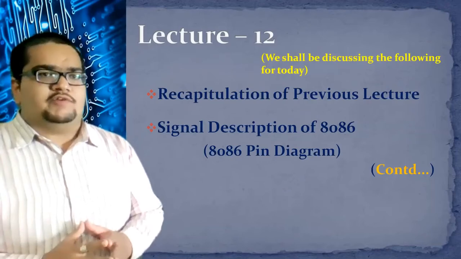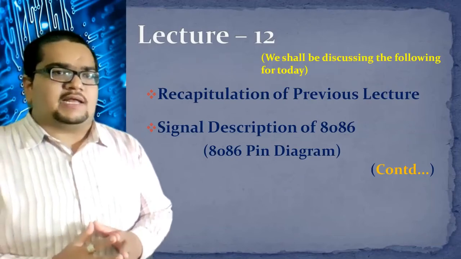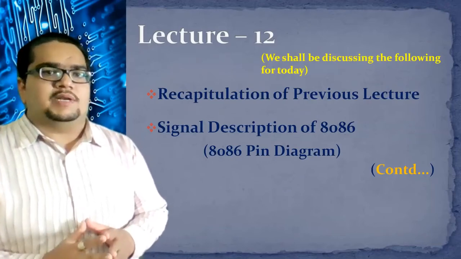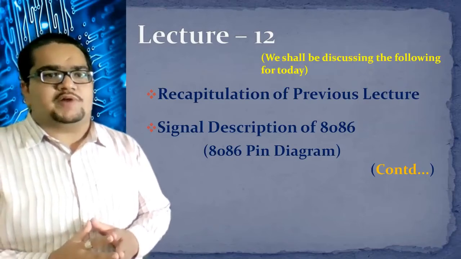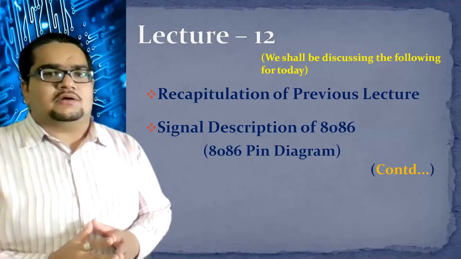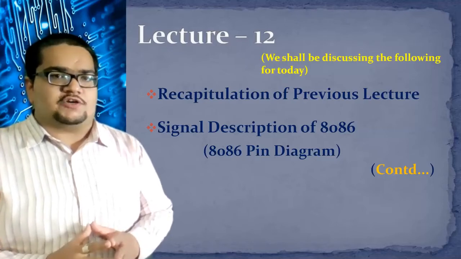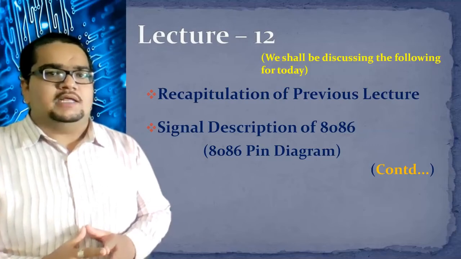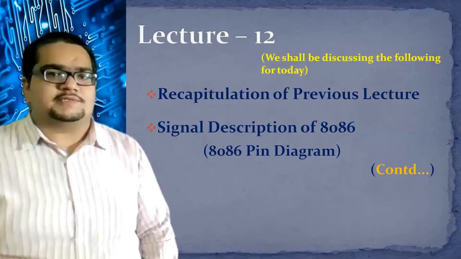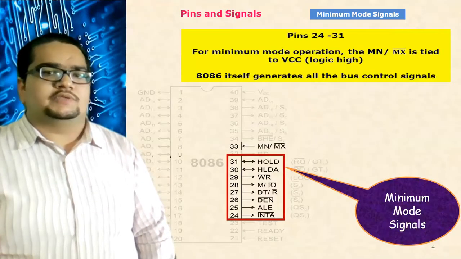And then we will continue the study of the timing diagram of the write cycle in minimum mode. After completing that, we will move into the maximum mode signals of 8086. And obviously we'll see the system configuration of maximum mode, and finally the timing diagrams of read-write cycle in maximum mode of operations.